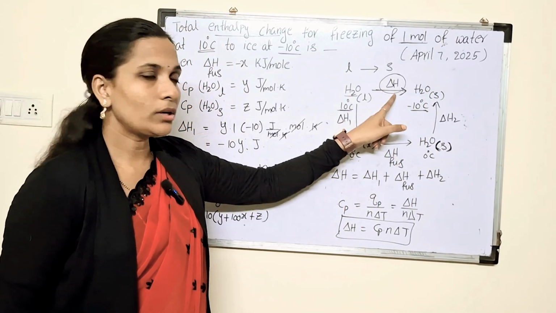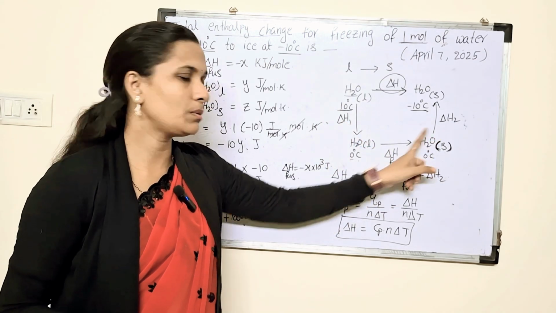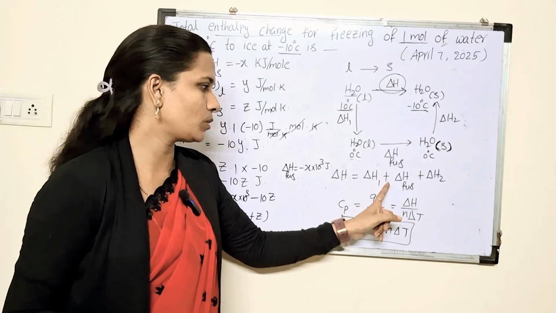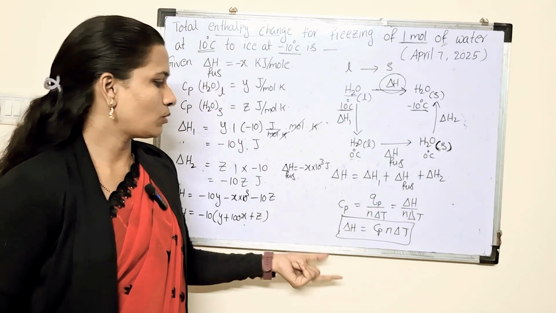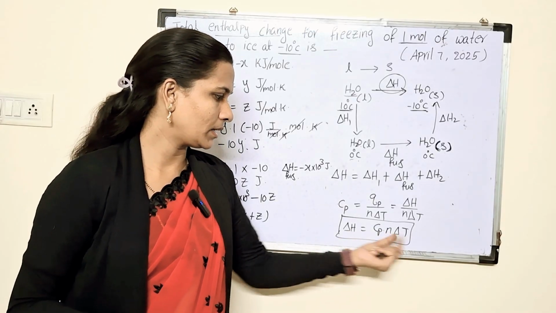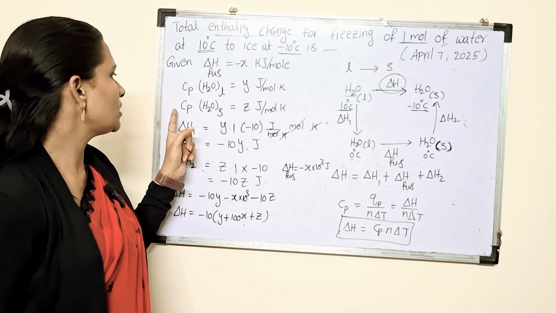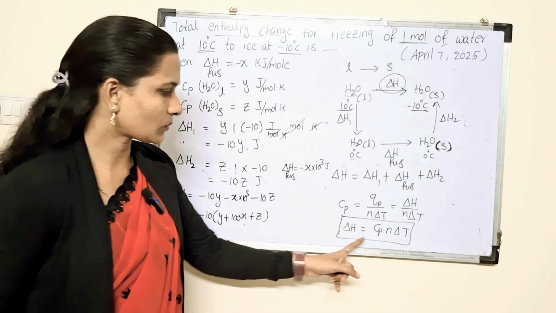According to Hess law, single step enthalpy change equals the sum of the enthalpy changes in the several steps. So delta H equals delta H1 plus delta H fusion plus delta H2. Now how to calculate delta H1? This is the formula, delta H equals Cp into n delta T. The Cp value for water in liquid state is y joules, and the Cp value for water in solid state is z joules, as given.